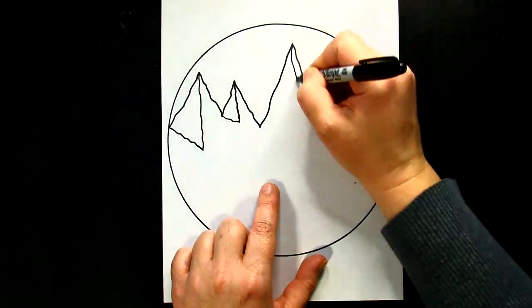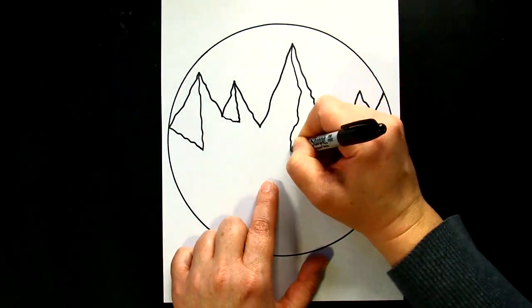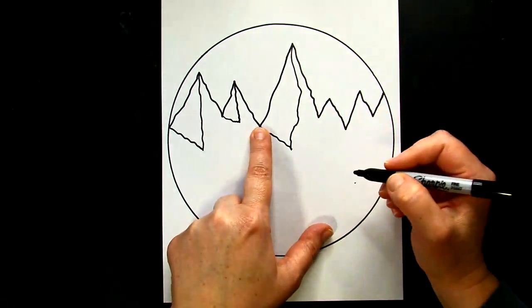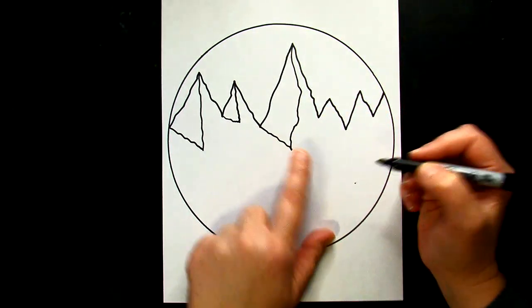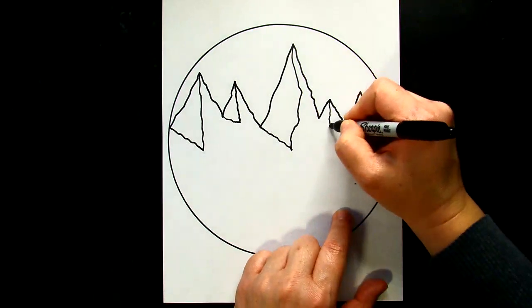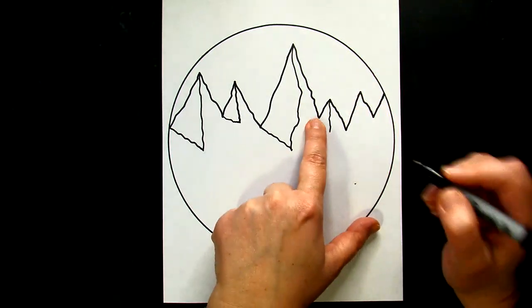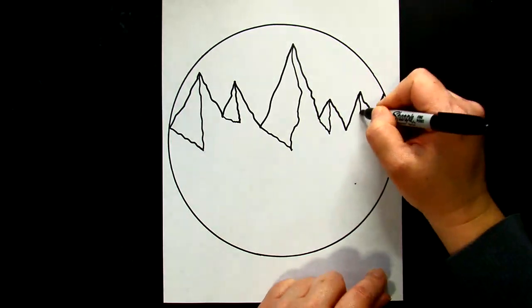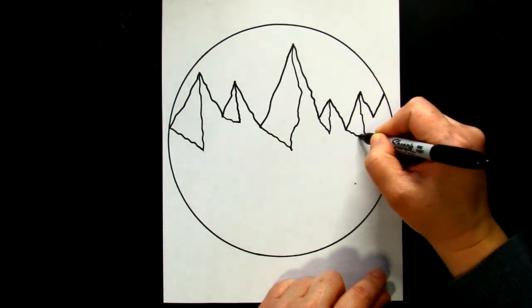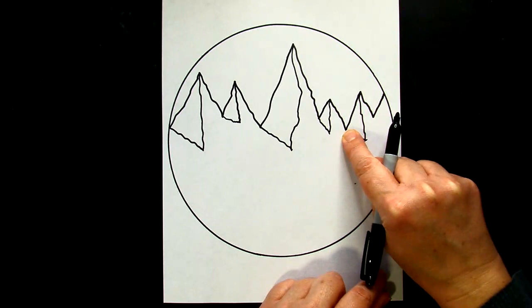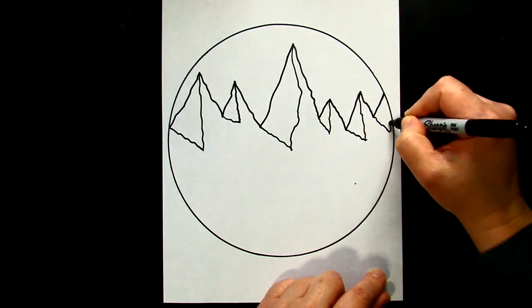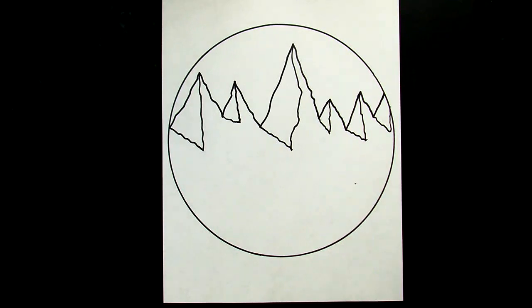So again, draw that jagged line down and then connect from wherever that peak started over. And this one I can do shorter because my peak is smaller. I just want to make it a little bit longer than where my mountain started. And I can't really see where this one ends, so I'll just make that up.